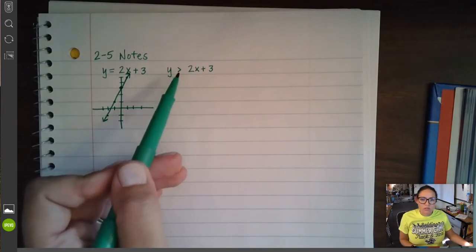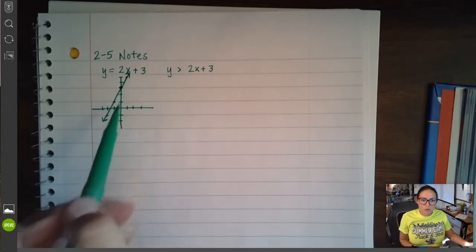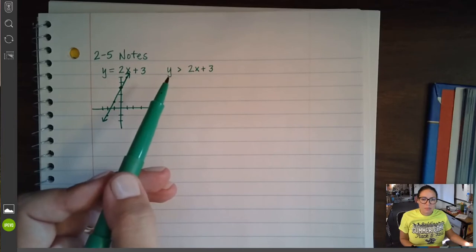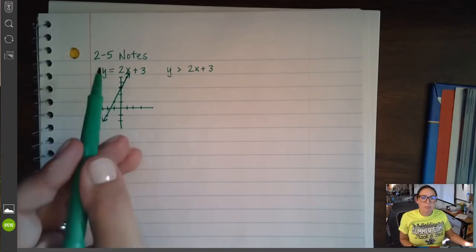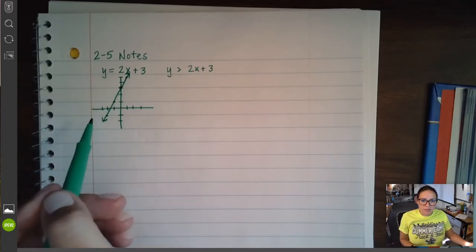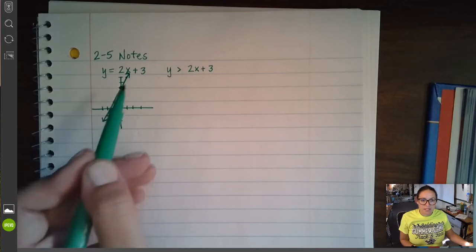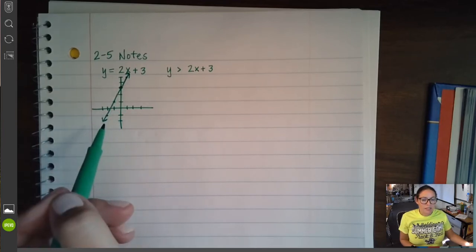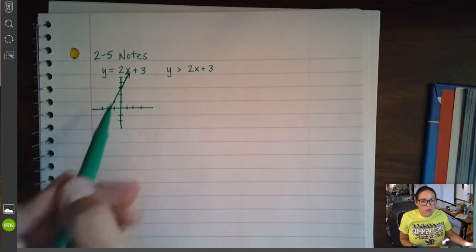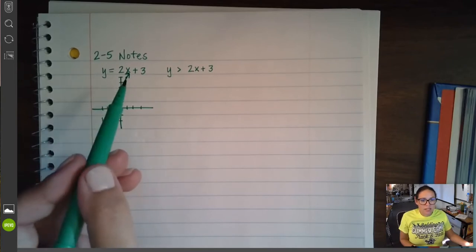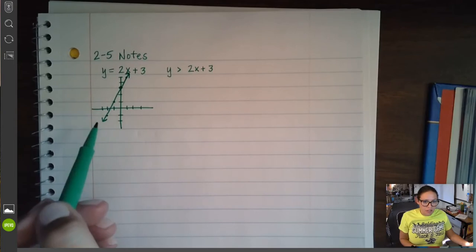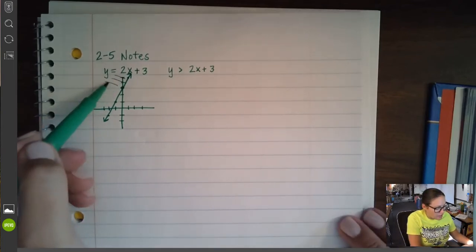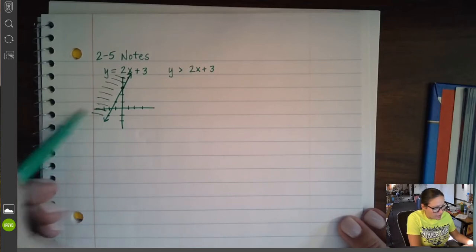Well, if this is where it's equal, then greater than is going to be everything that is above this line. Now, is it including this line? It's not including this line because this is where it's equal. We only want it when it's greater than. So that would be all of this area here.